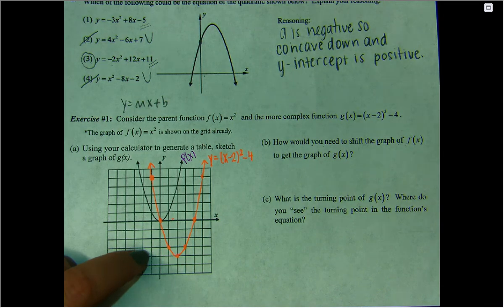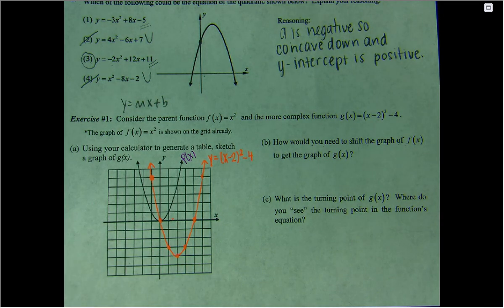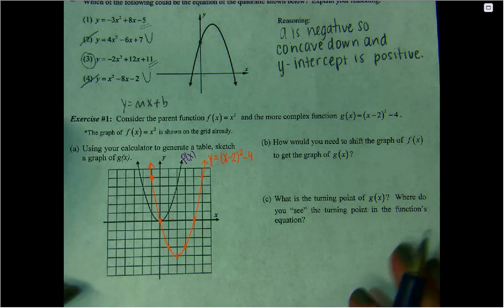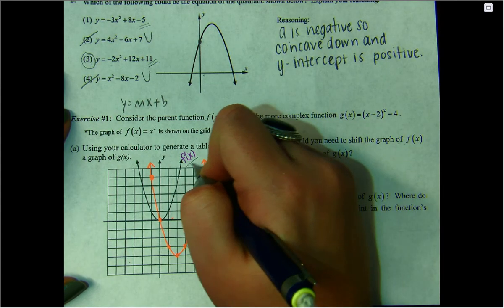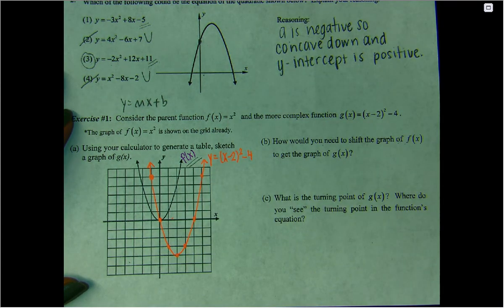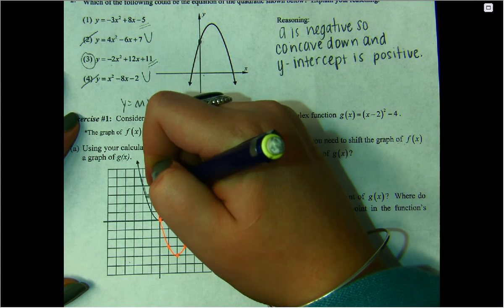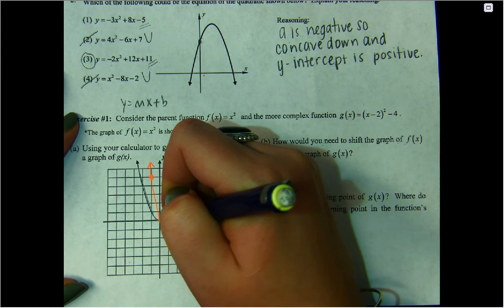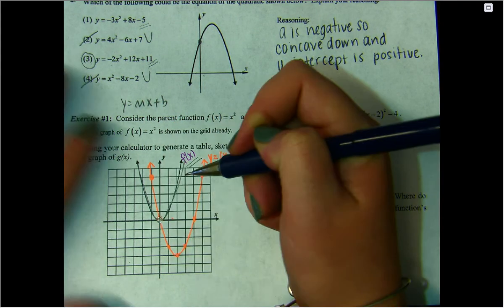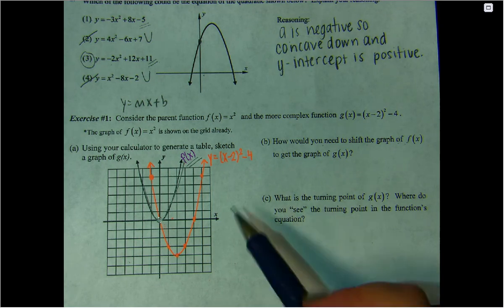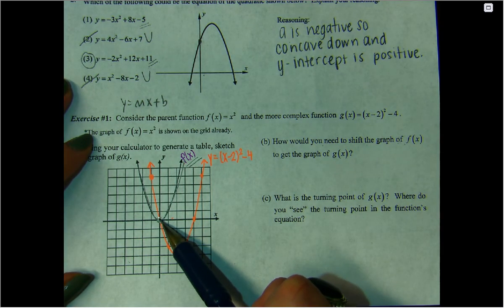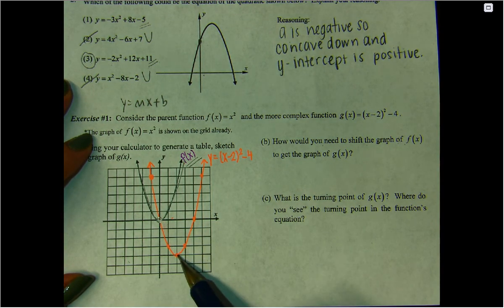Here's the trick. What you want to do is start with your turning point of your original function, so your parent function f of x. If I look at this parent function, where's the turning point? The turning point is right here. So how would I have to move this turning point to match the turning point here?